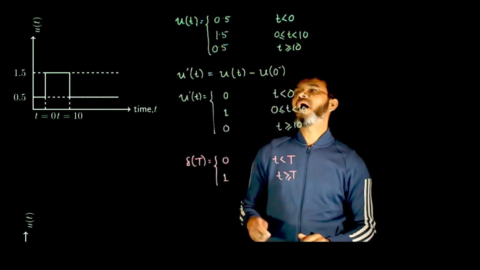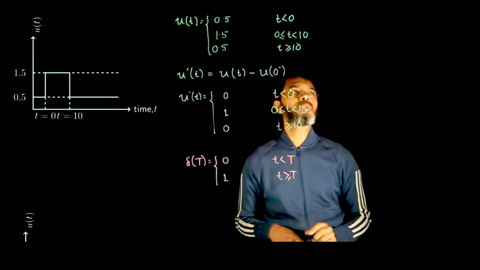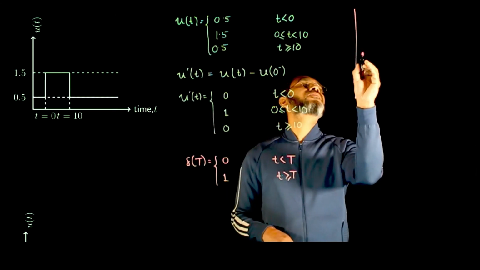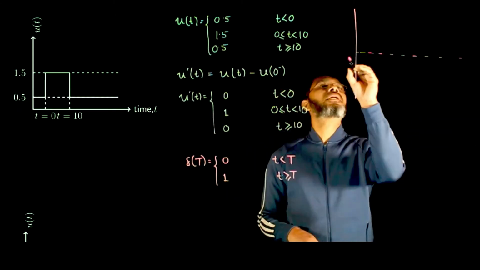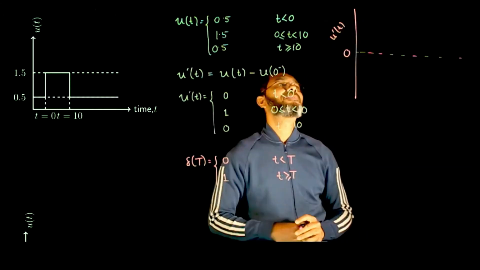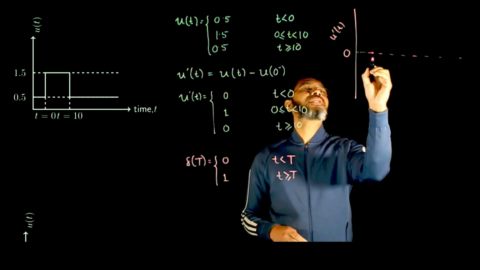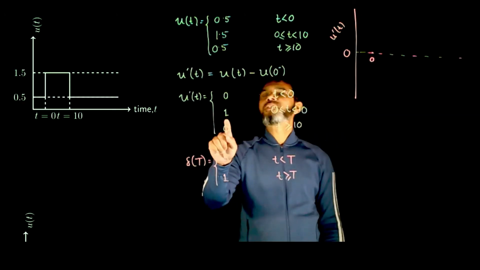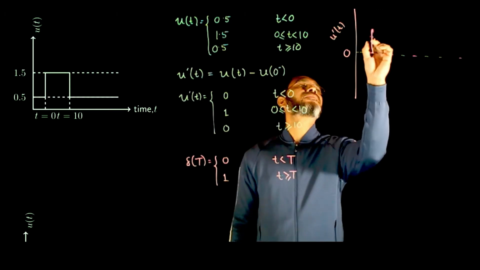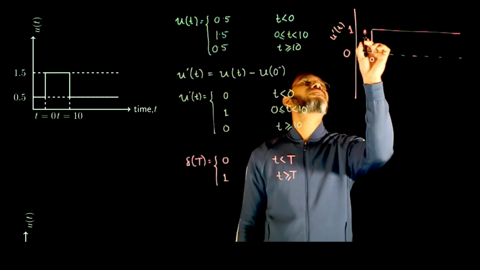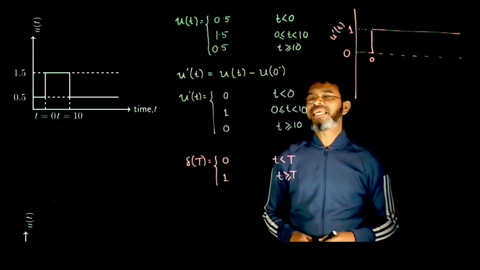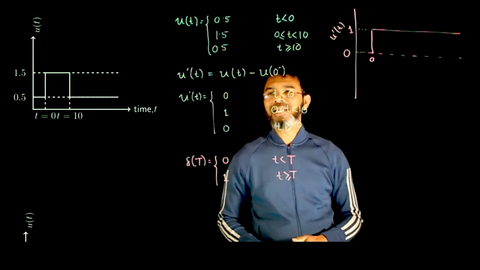Now, how do we express this signal in terms of two steps? To do that, consider this as my 0 value for the signal, and this is my time 0. At time 0, it becomes 1, so we add a step of value 1, which holds for all t greater than 0.